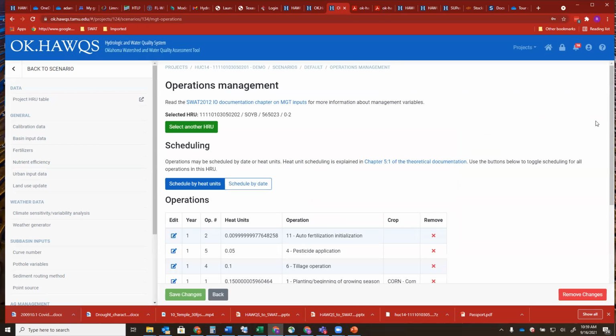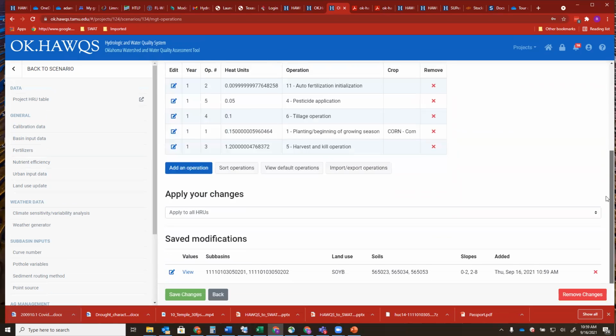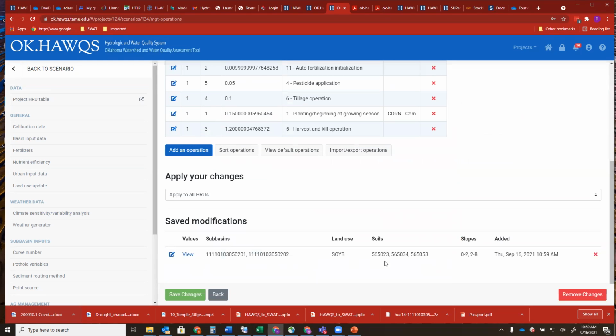So you'll see at the bottom of this, you'll see what you changed. So this is recorded as part of your project management so that a year from now or 3 months from now, if you want to come back and look at your project, you'll know what are the changes that's applied to this watershed. What scenario was created, what input, output were changed, and all those stuff actually.